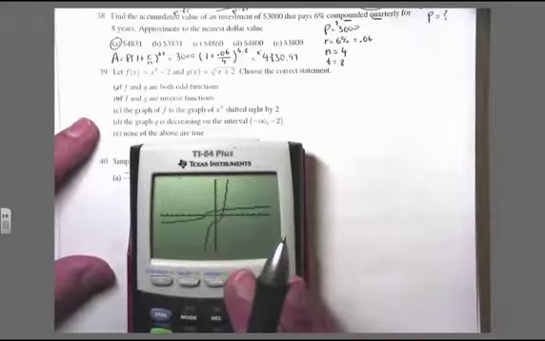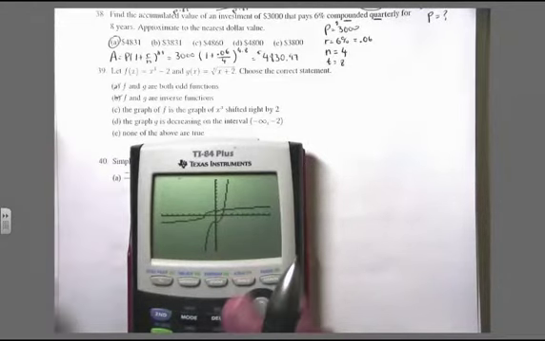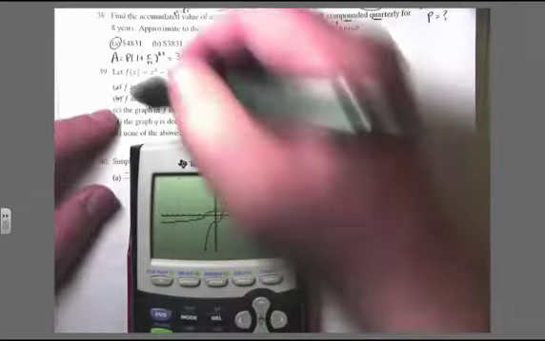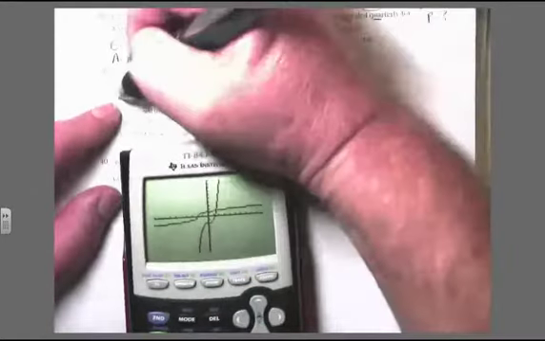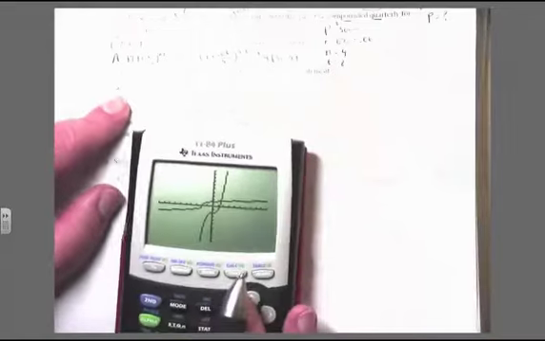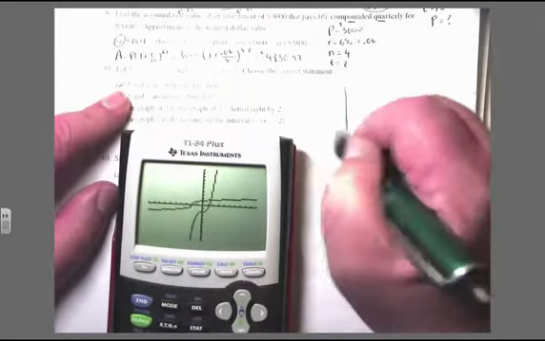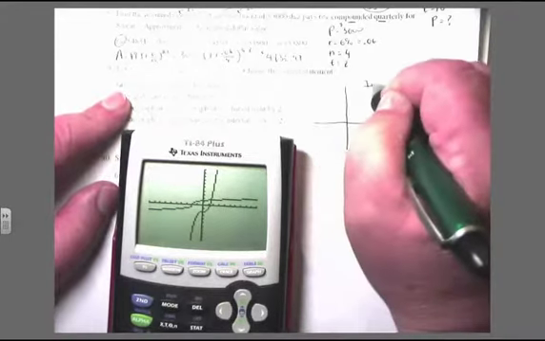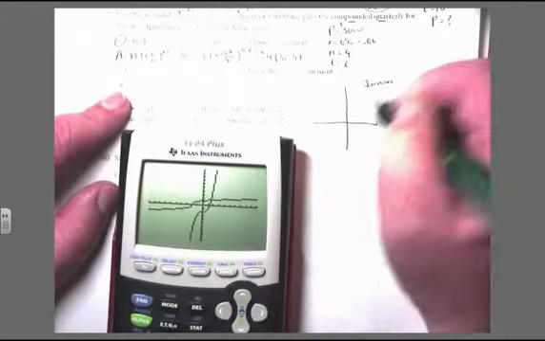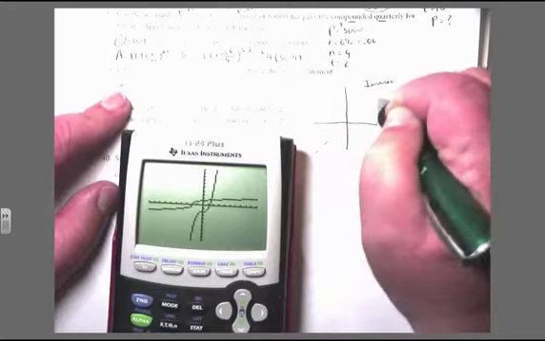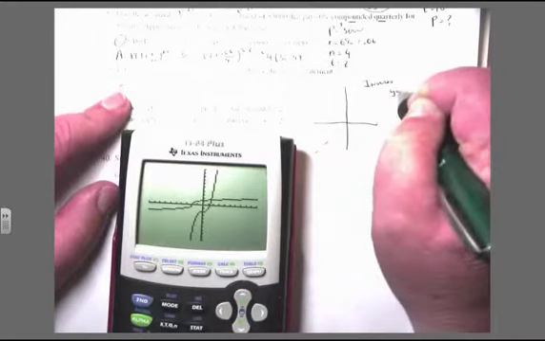But the only one here is, let's see here. The graph, let's see, the inverses. Oh, wait a minute. Excuse me, that's just odd functions. The question here is inverses. Are they inverses? Remember, when you're looking at a graph, inverse functions will be symmetric to the line y equals x.